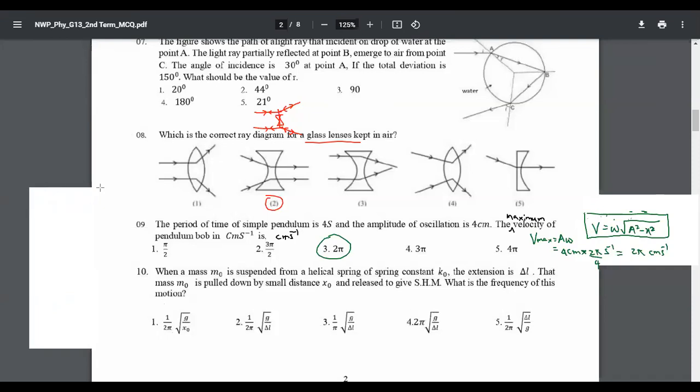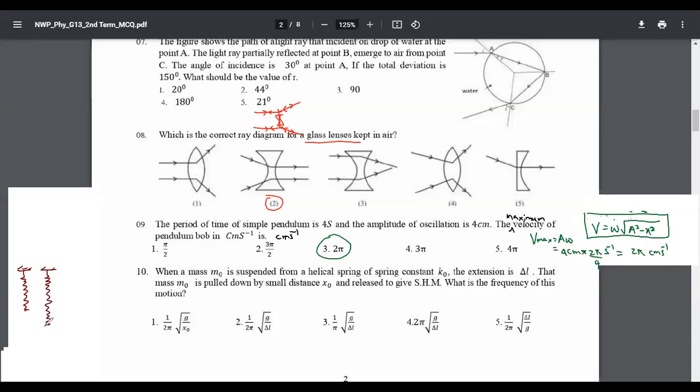10th one. What about the 10th one, people? When a mass of m0 is suspended from a helical spring of constant k0, the extension is delta L. So the spring is there, nothing is hung, and then when they hang a mass of m0, there is an extension.